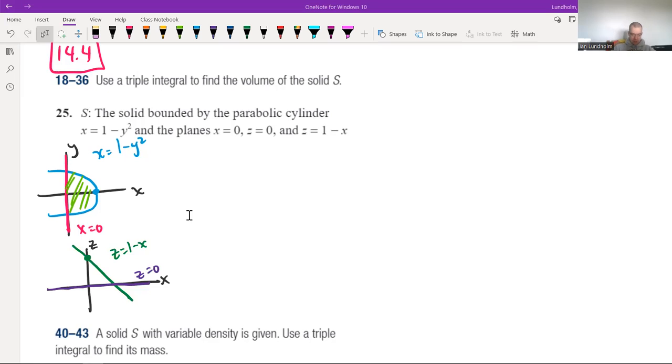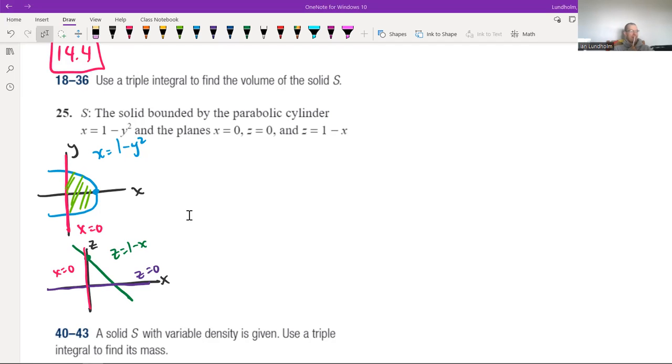And I guess we get x equals 0 again, this time for the z-axis. In actuality, everything that I've drawn in pink there is the YZ plane. x equals 0 is the YZ plane. Okay, cool, this is the region that we bounded there.